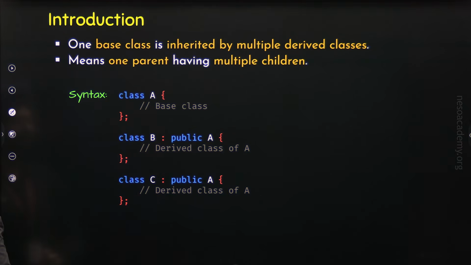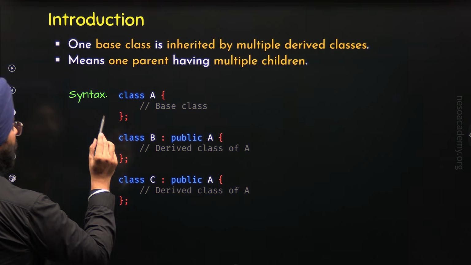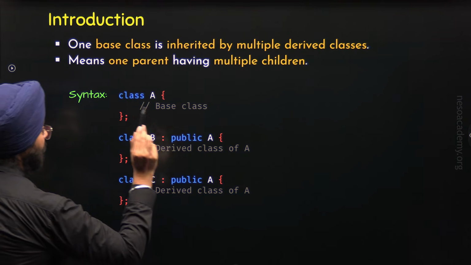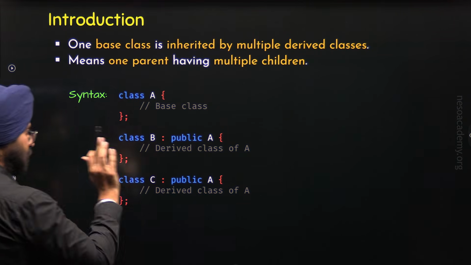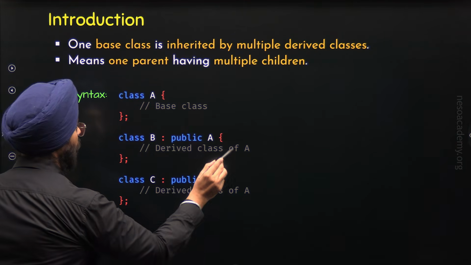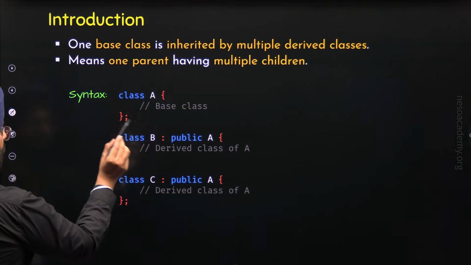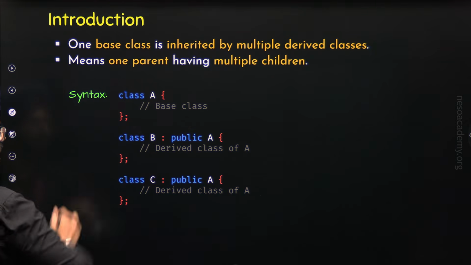Here is the syntax. Here we have the class A, and after this we have class B, which is inheriting from class A. This means we can say class B is the derived class of class A. So this is the base class and this is the derived class of this base class.